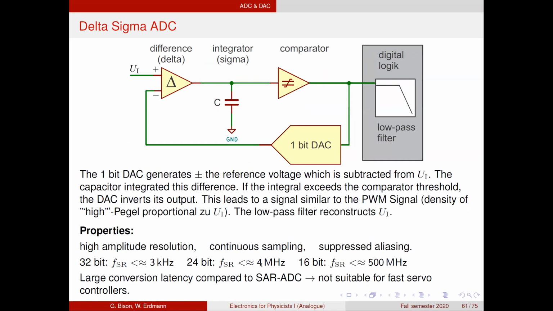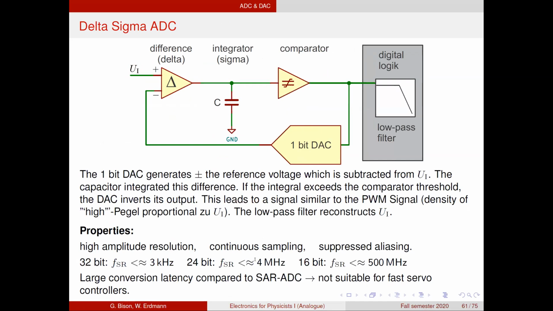On the other hand, delta sigma ADCs work in a completely different way. What we do here is we have the input voltage on a difference amplifier. And the difference amplifier compares it to the output of a 1-bit DAC. And this 1-bit DAC can either generate plus or minus the reference voltage.